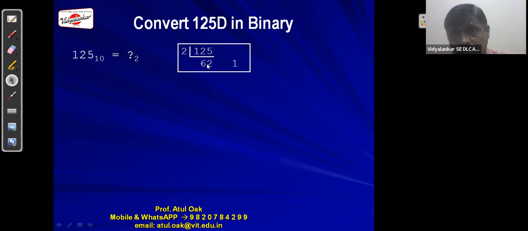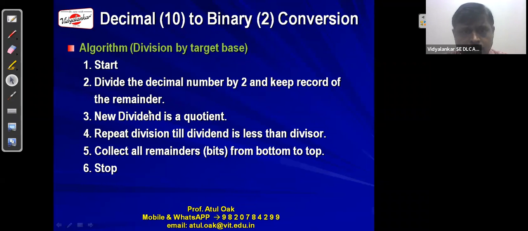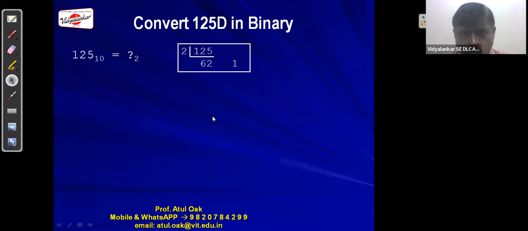That means numerator. Here I said, if you recollect, observe it. New dividend is quotient. So this is my new dividend. Divide by 2. If you divide 62 by 2, you will get quotient as 31, remainder as 0. Divide by 2.